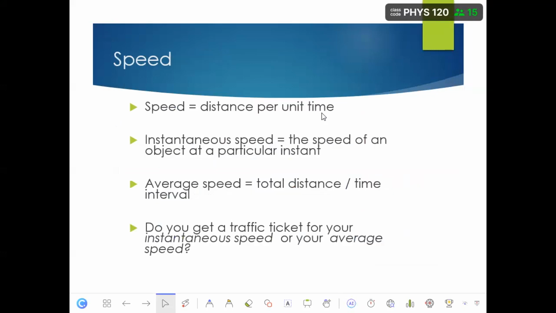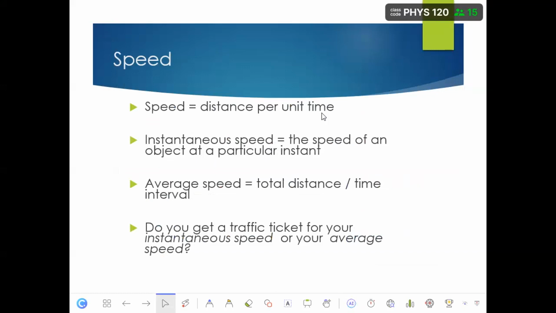So, when we talk about the motion, the first thing that comes to your mind is speed. What is the speed? Speed is distance traveled over time. The speed of a moving particle is the distance traveled over time.